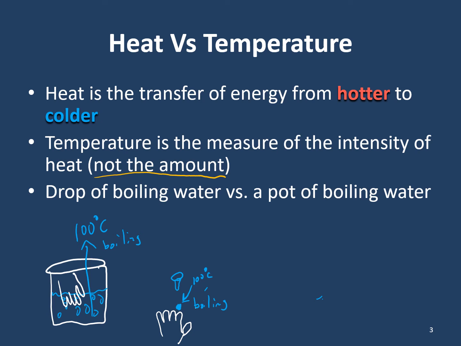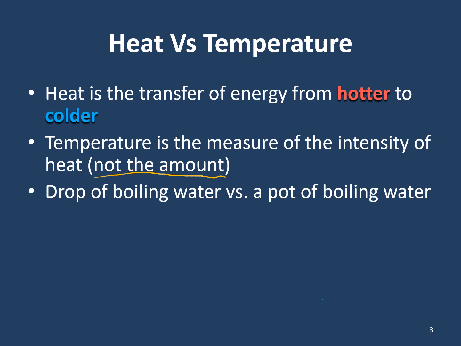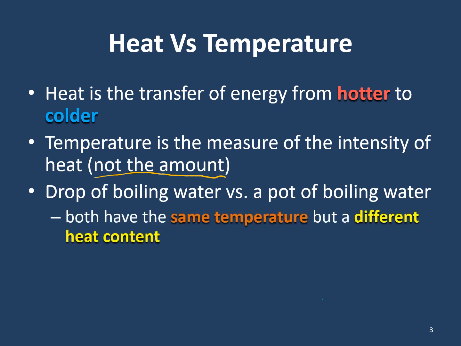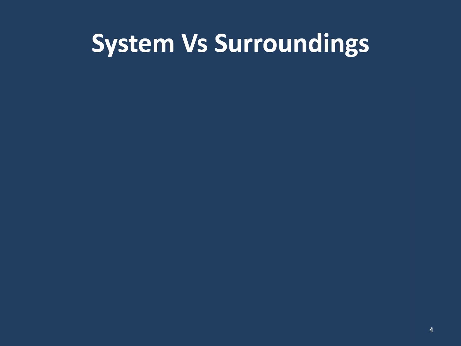Whereas the drop has a tiny amount of energy because it's only one tiny amount of water at that temperature. This is a very big difference. If we have a drop or a pot of boiling water, they're both going to be at the same temperature, but the amount of heat present in them is dramatically different.